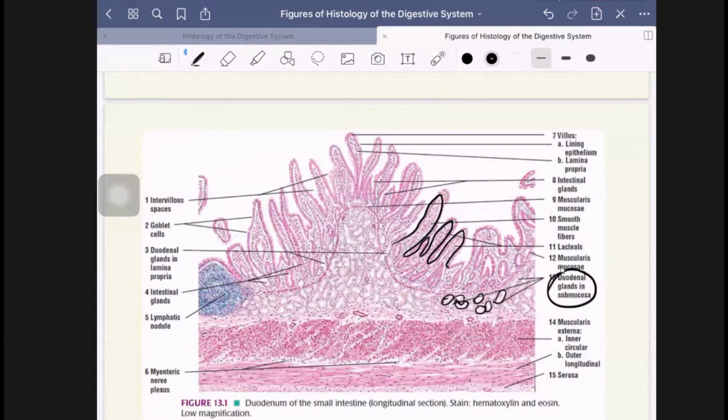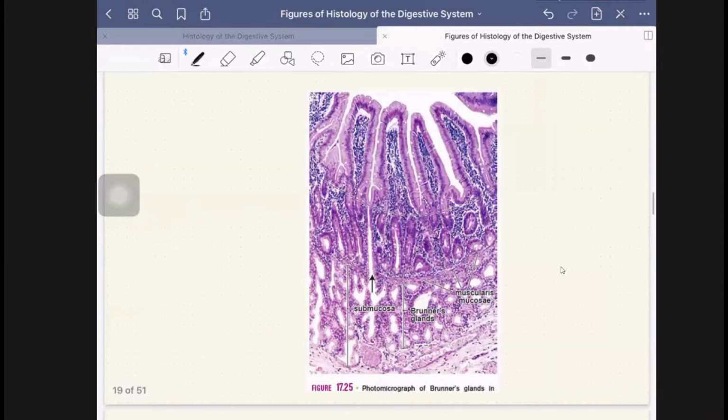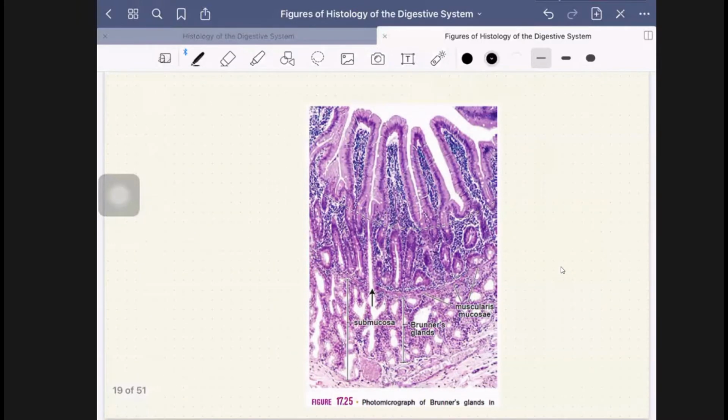So this is the mucous layer, the submucous layer, these two muscle layers, and the serous layer is not present here.